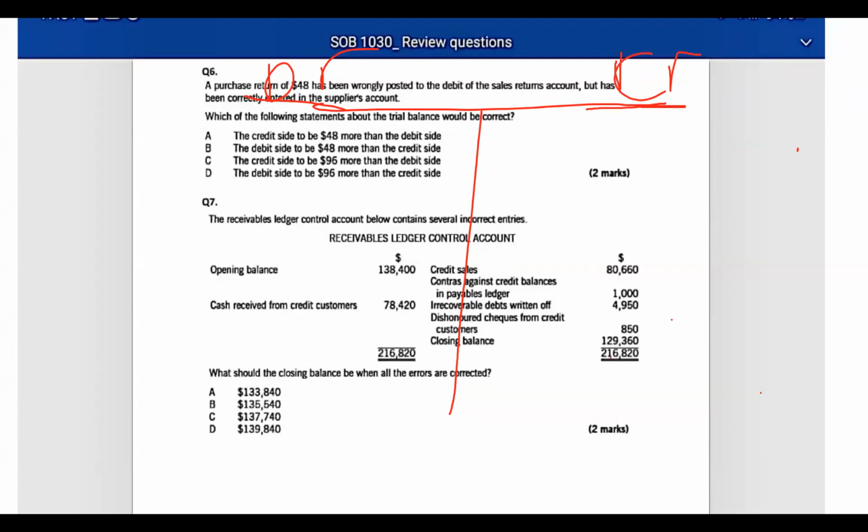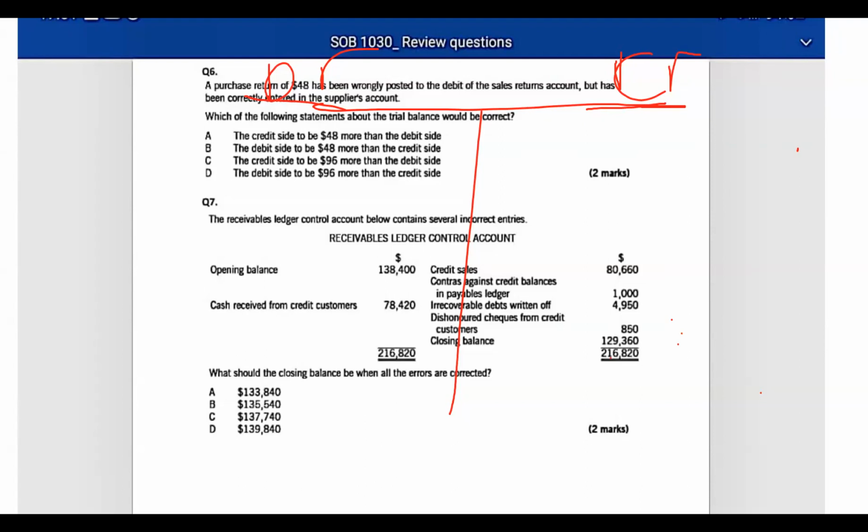Opening balance, where does it fall? Is it on the credit or debit side? Credit side.